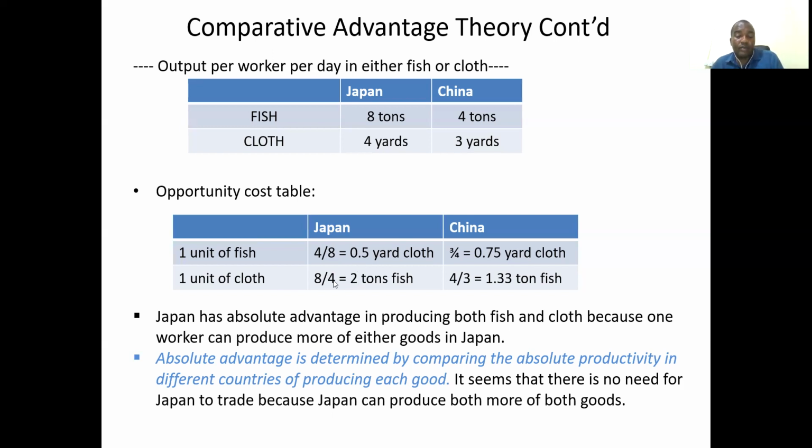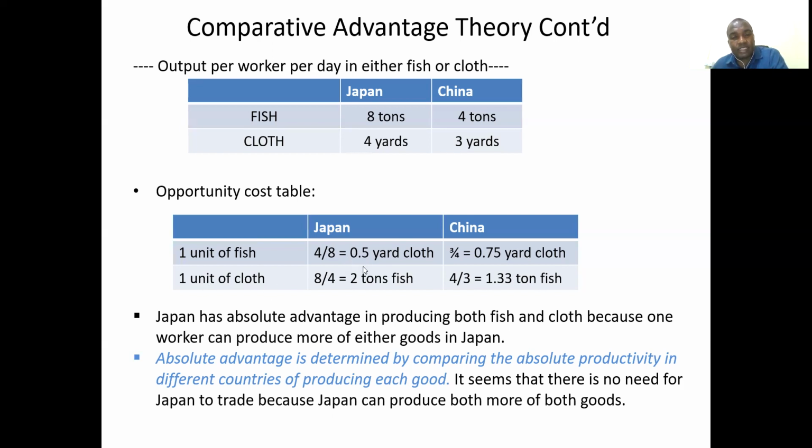In the same vein, when we are reasoning for cloth, for the production of cloth, you realize in Japan, they forego 2 tons of fish to produce 1 yard of cloth. Yet in China, they forego 1.33 tons of fish to produce 1 yard of cloth. Clearly, the opportunity cost ratio for the production of cloth is lower in China than in Japan.